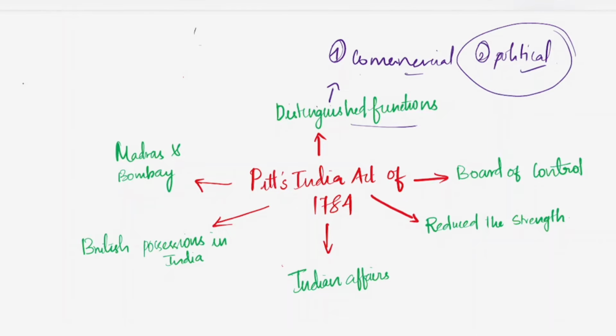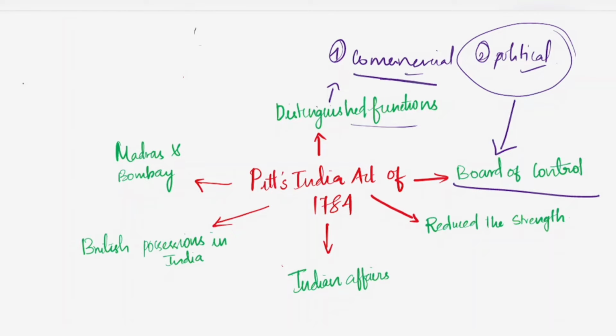For looking into the political function, they appointed a separate committee known as the Board of Control. That is the second point. So in the first point you have to mention that they divided two functions, commercial and political, and looking into the political function they organized a new group of people called the Board of Control.